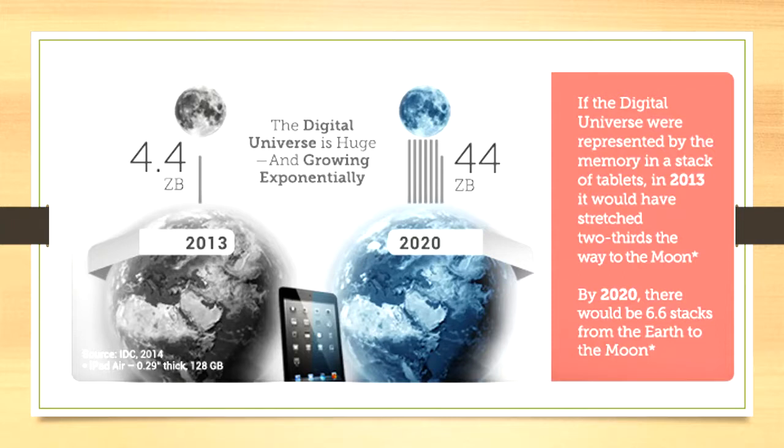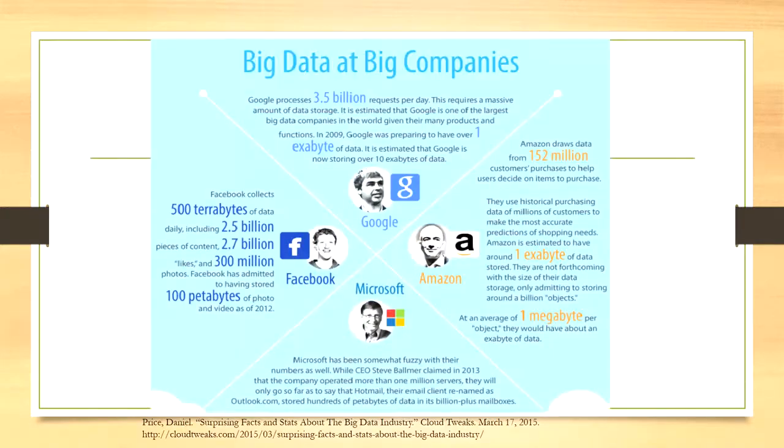At this point, we could go to the moon and back over 6 times. 128 gigs for an iPad was the benchmark. So that's an incredible amount of data that we have rolling around in our phones and our laptops, on the web and servers. It's pretty astounding what has happened just in the last 7 years.